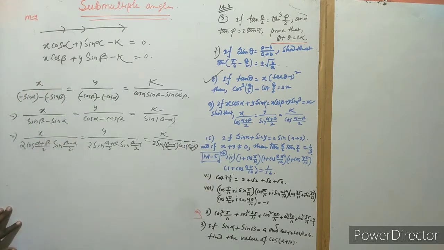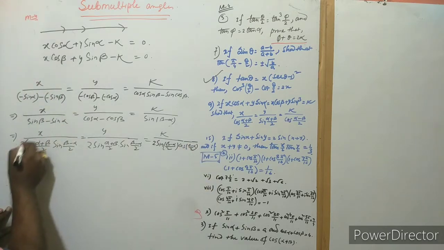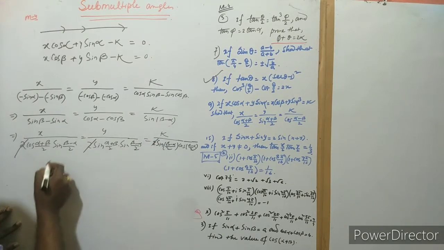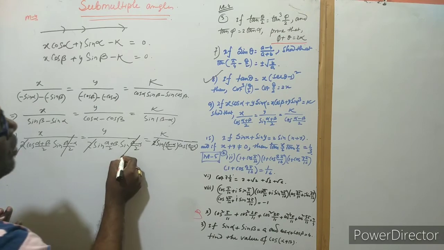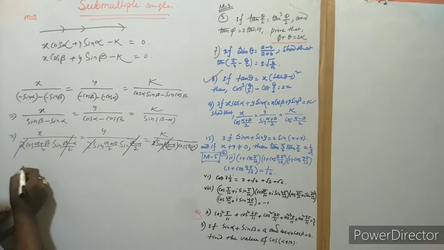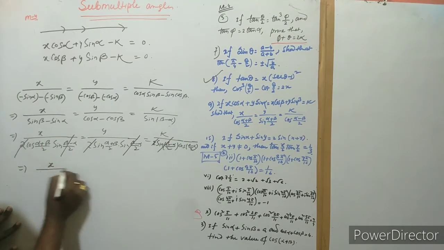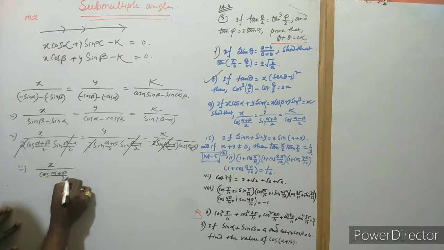See which factor cancels, this is 2 and 2. Also sine beta minus alpha by 2.